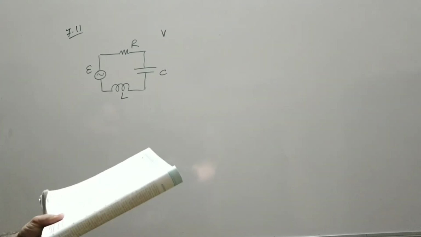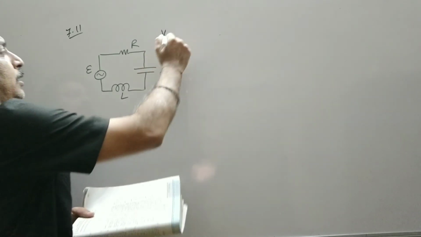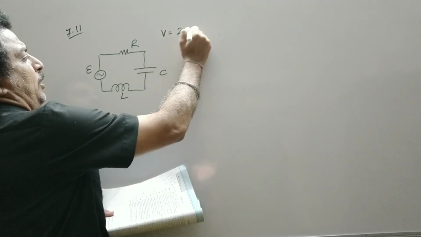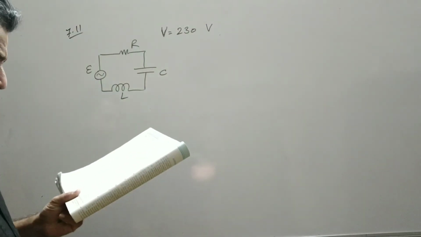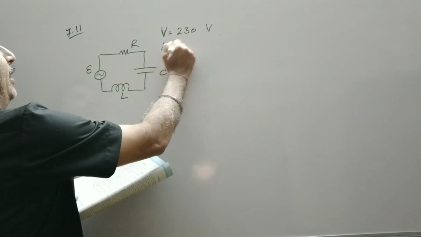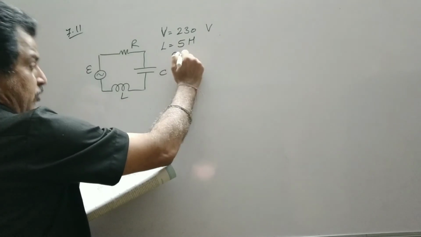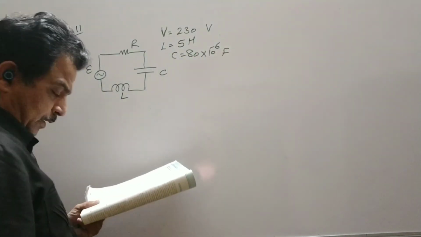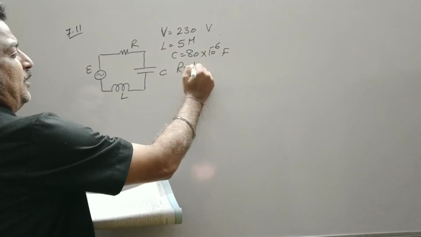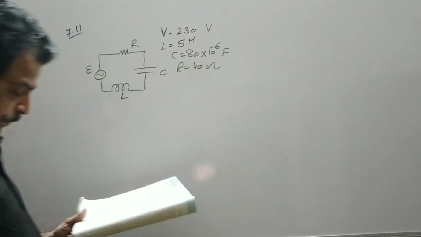Again a series LCR circuit is given. The supply is 230 volt, that is VRMS. So this is capital V, where L is equal to 5 Henry, C is equal to 80 microfarad, so 10 raised to minus 6, and the resistance is equal to 40 ohms.